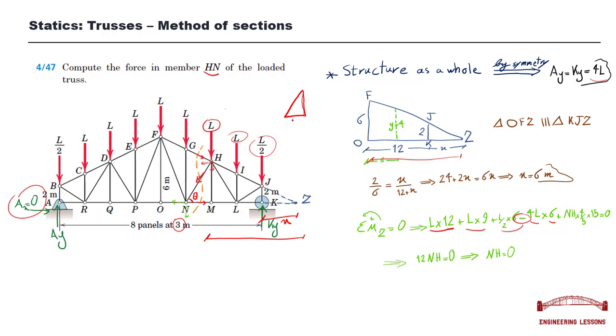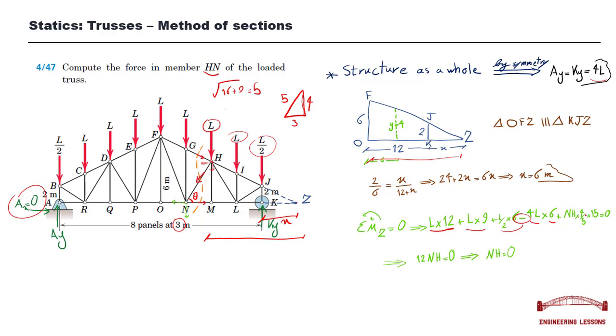We know that this distance, the bay, is 3 meter, and again by similarity of triangles we can calculate the perpendicular side of our triangle, which is 4 meter. When the perpendicular is 4 and the base is 3, our hypotenuse would be 5 meter, since 16 plus 9 is 25.